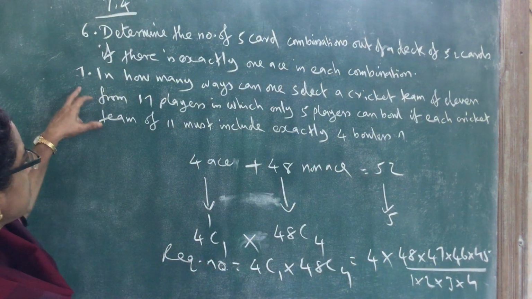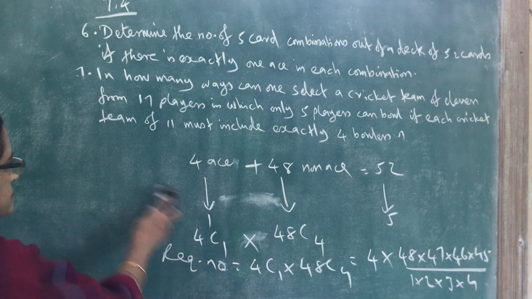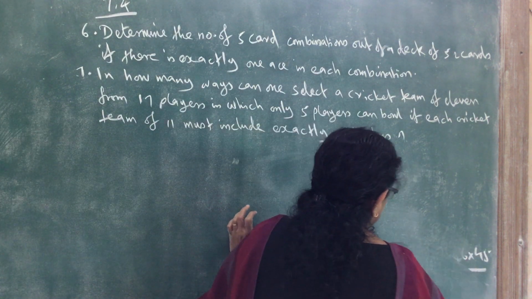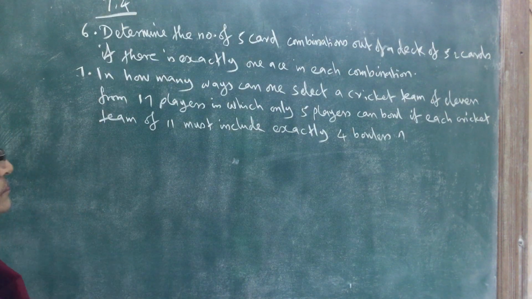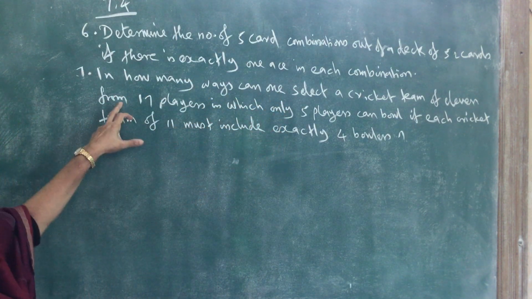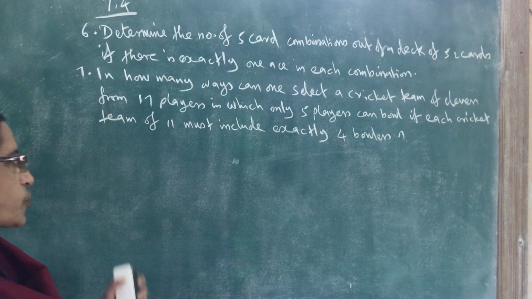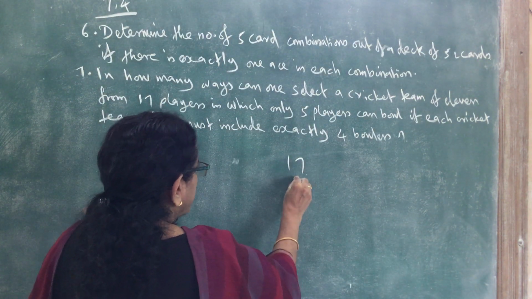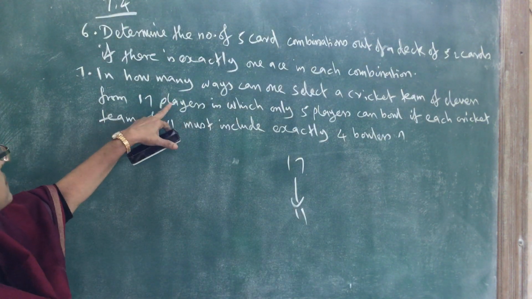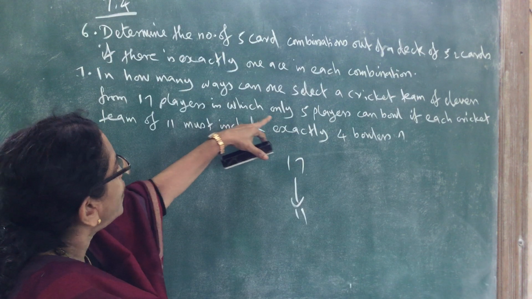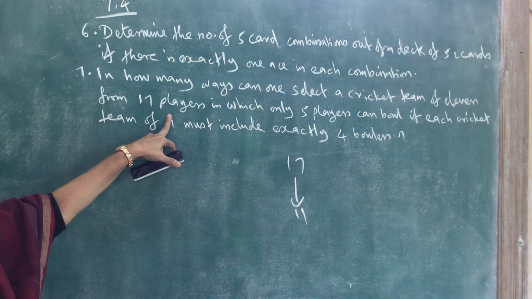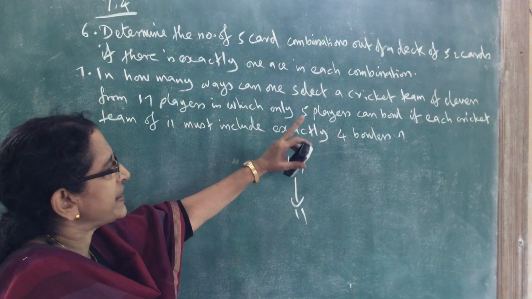Okay, now see question number 7. In how many ways can one select a cricket team of 11 from 17 players, in which only 5 players can bowl?